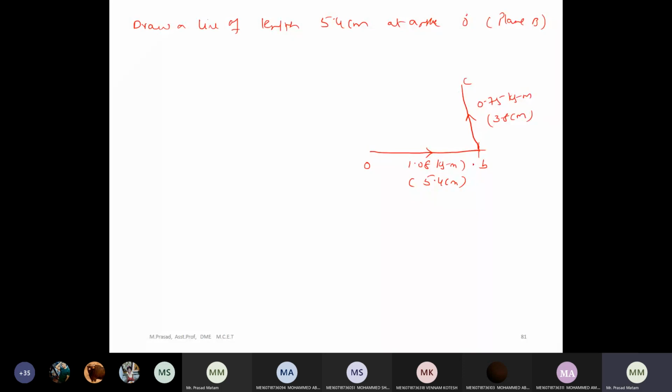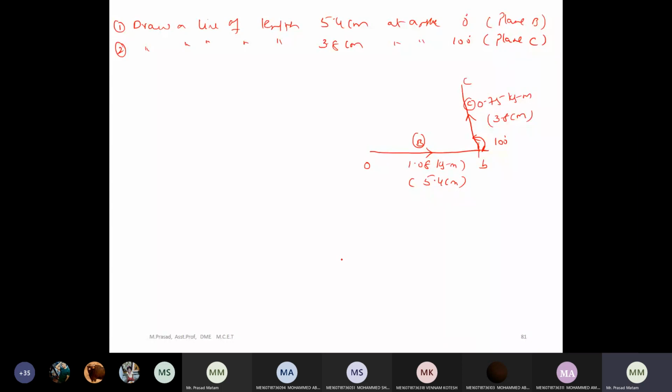BC length is 3.8 centimeters. This angle is 100 degrees. This is step 1. Second step, draw a line of length 3.8 centimeters at an angle of 100 degrees. This is for plane C. So this is for plane B, and this is for plane C.